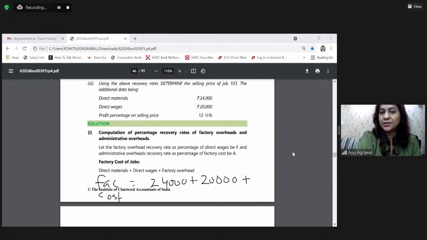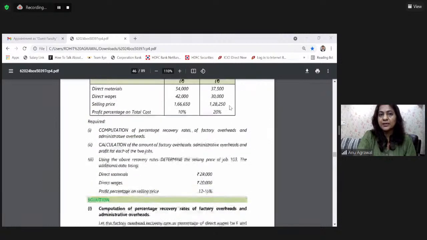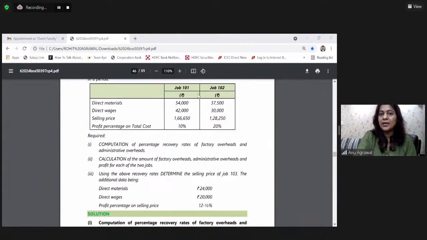So the percentage of direct wages would be of 20,000. You assume that to be X. That's what they have done. So I'm just clearing it now. Now this is for a particular job, for job 101 and 102. So if you make an equation, how will you do it?